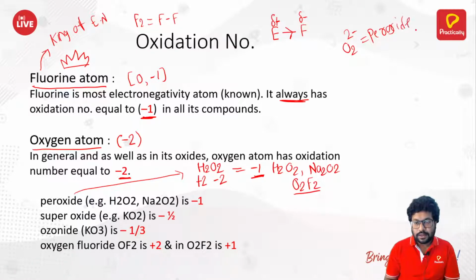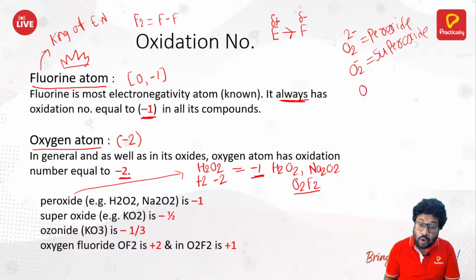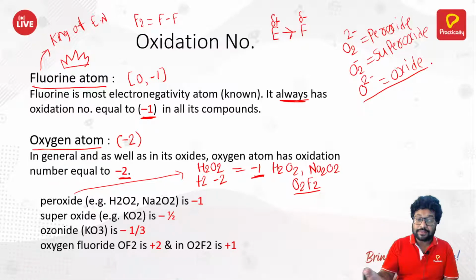Whenever you have O2 -, it is called superoxide. Whenever you have single O 2-, that is your normal oxide, where oxygen exists in this way. But you should remember the peroxide and superoxide terms also.